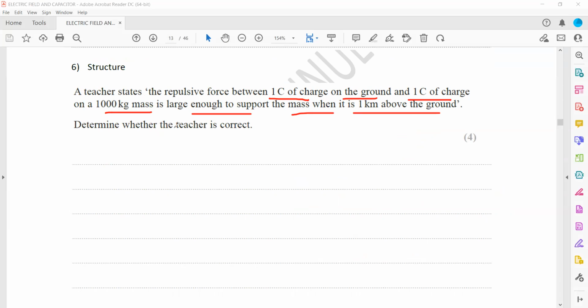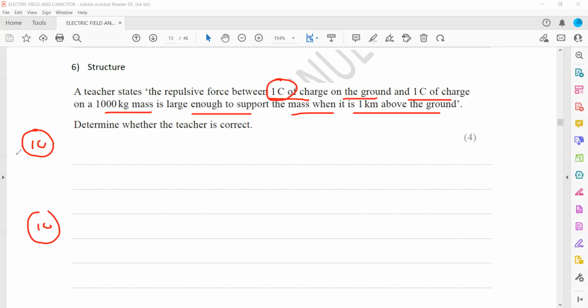So we have 2 charges, 1 coulomb charge on the ground and 1 coulomb charge on a 1000 kilogram mass. Is it large enough to support the mass?